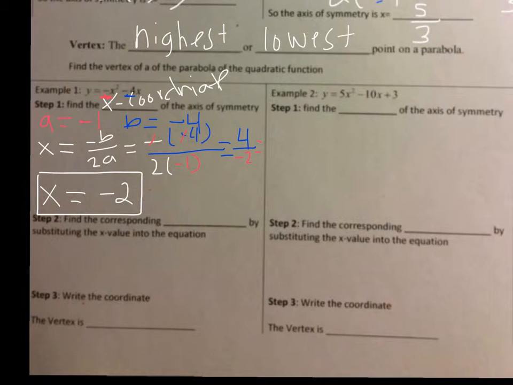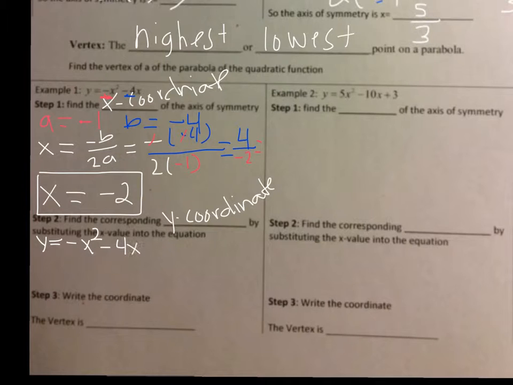Step number 2, we want to find the corresponding y coordinate by substituting the x value into the equation. So if you look up above, right next to example 1, we were given the equation right up here. y is equal to negative x squared minus 4x. So I'll just copy that equation down just so you guys can see it.